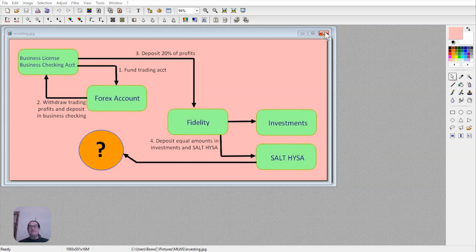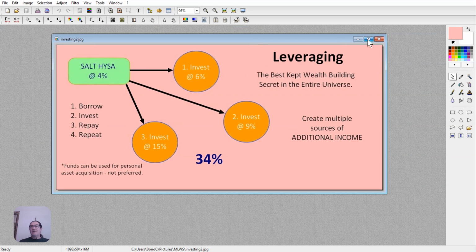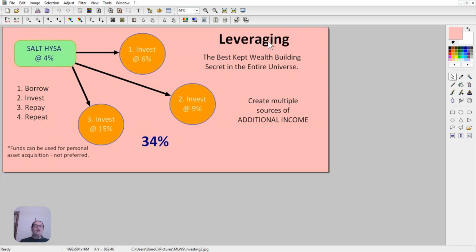This is a concept you don't hear too much about, but as far as I'm concerned, what you do with the funds in your HISA account is what I believe to be the best kept financial secret to building wealth in the entire world. And I'll show you what it is right here, and it's called leveraging. When you leverage, you take money and you make more money from the money that you have.